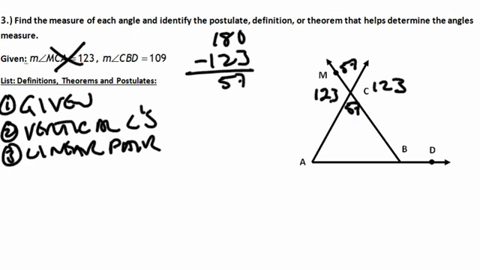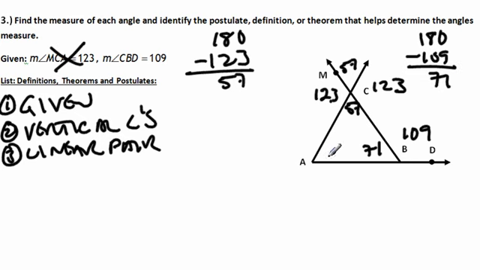So I can come to CBD, and I know that CBD is 109. And again, if this is 109, these two angles are a linear pair, and this is going to add up to 71. So you take 180 minus 109, which is 71.